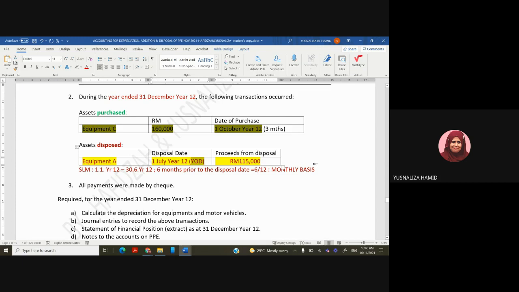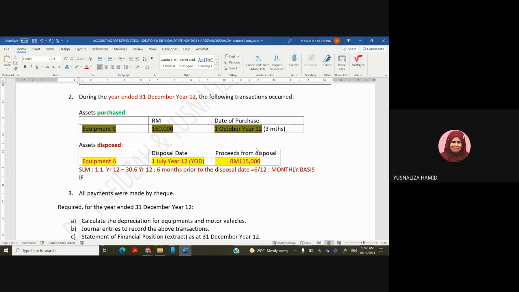However, if the company uses yearly basis, that is in example 3. Example 3 is yearly basis. Example 4 is monthly basis. If the company uses yearly basis, there is no depreciation in the year of disposal.